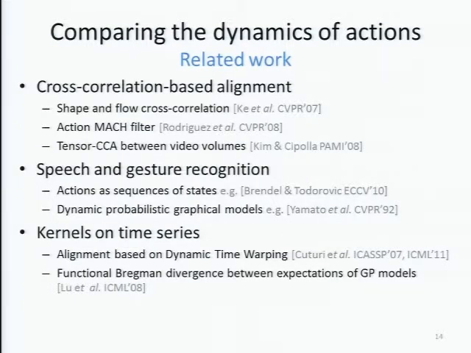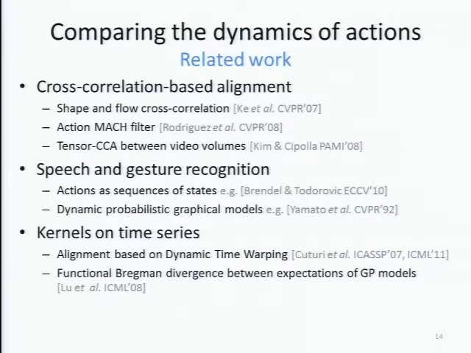So one point to understand is that cross-correlation is something that's used a lot. All these template matching methods use cross-correlation, and there are similar things for videos, but it's different, right? They're cross-correlating, computing an alignment score between two sequences. Here, we're using autocorrelation per time series, and we're comparing two autocorrelations, okay?